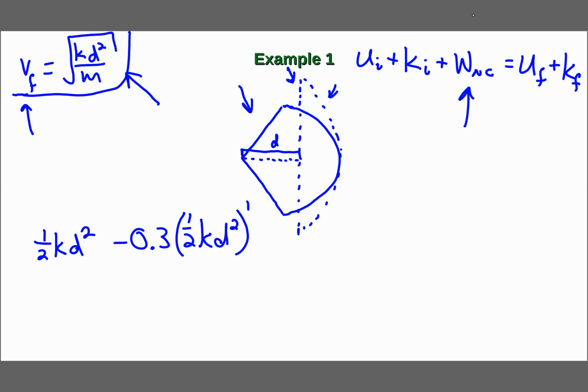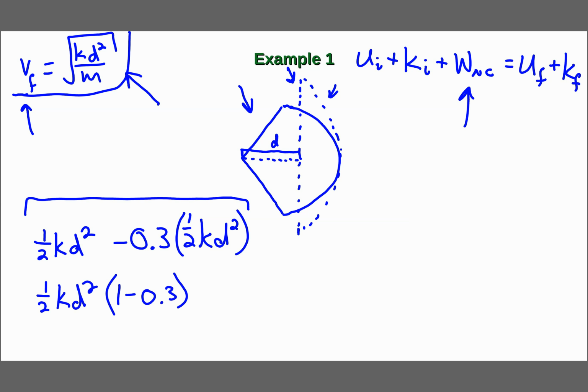So we can see from this equation, if 30% is lost, that's the same as 1/2 kd squared. I can factor out all this, and it's 1 minus 0.3, okay? But this would be the same as just writing 0.7, right? So that's where we get this efficiency.